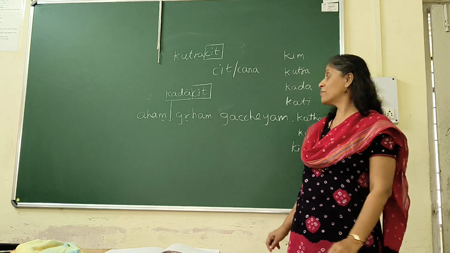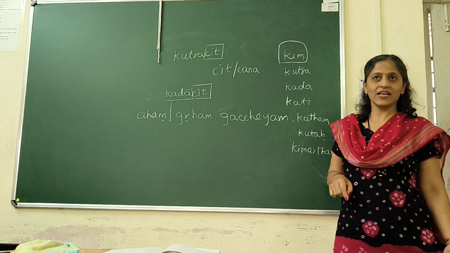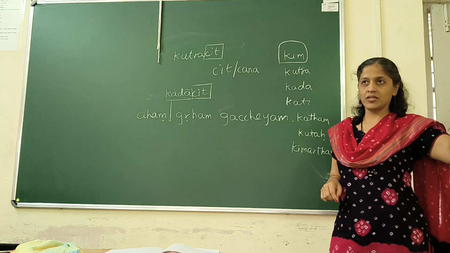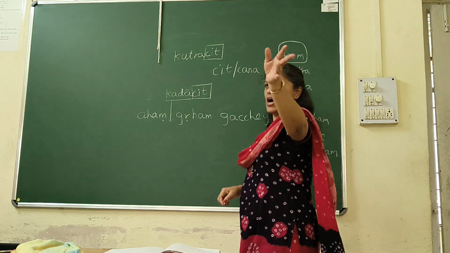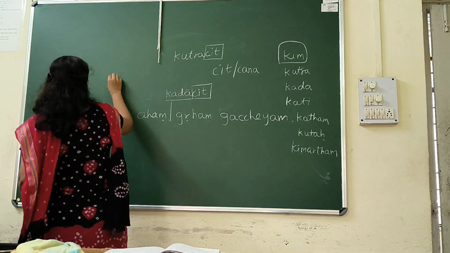And now, very important, we have learned the forms of kim in masculine, in feminine, in neuter: kaha, kau, ke, kam, kau, kan, kena, kabhyam, kaihi, etc. Let me write.